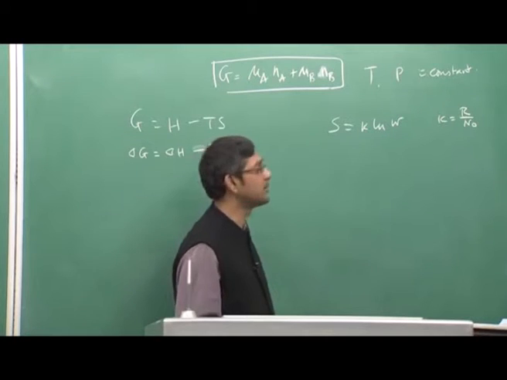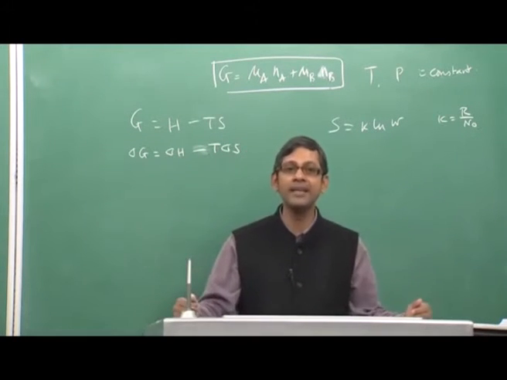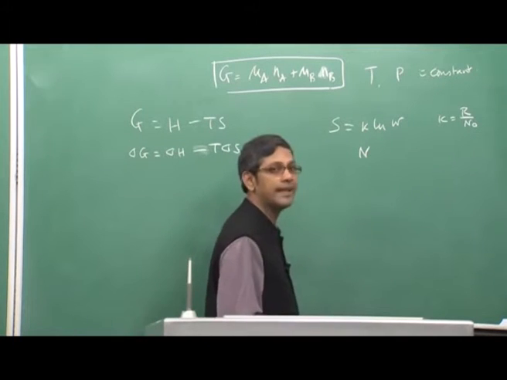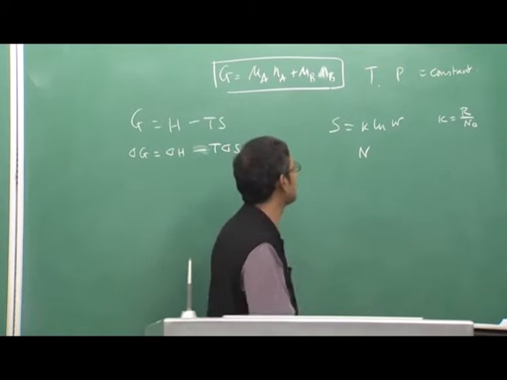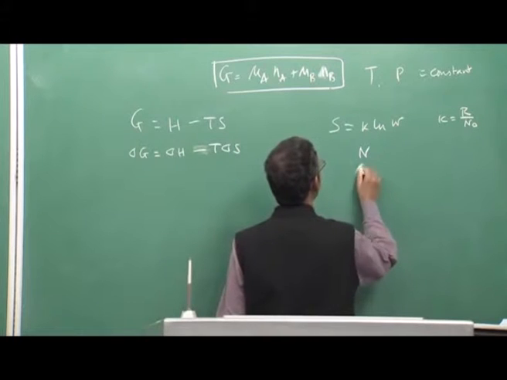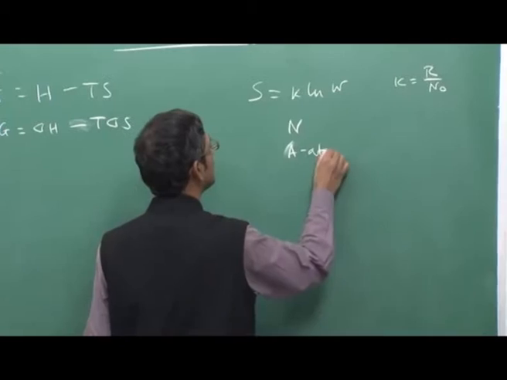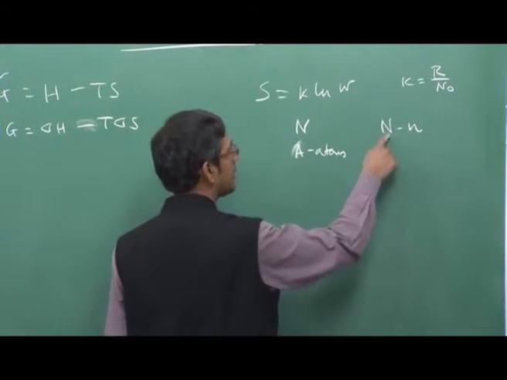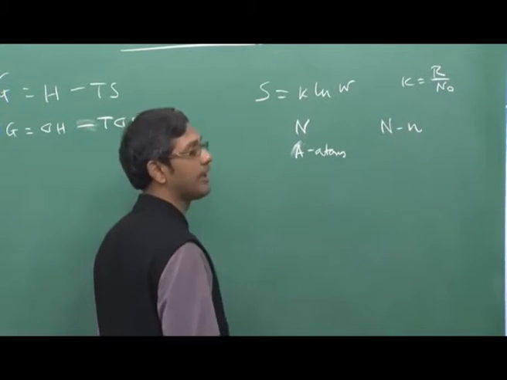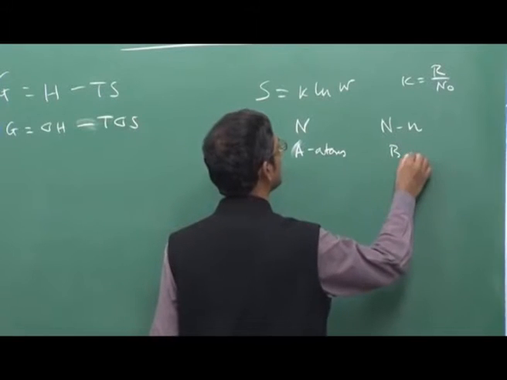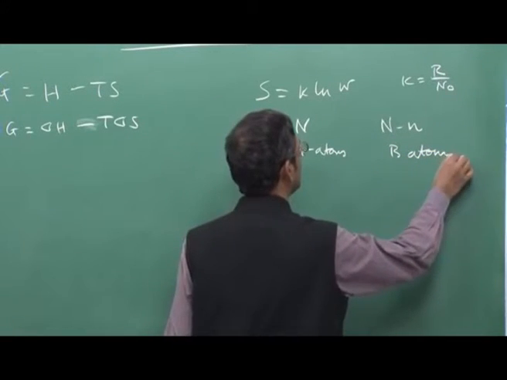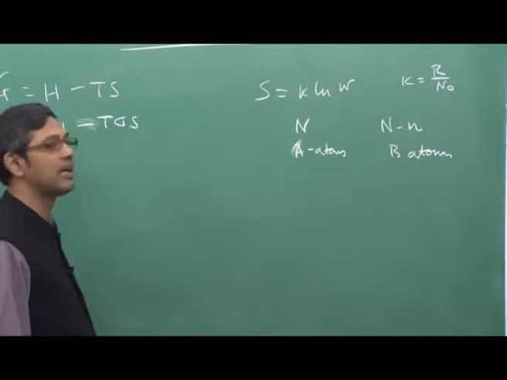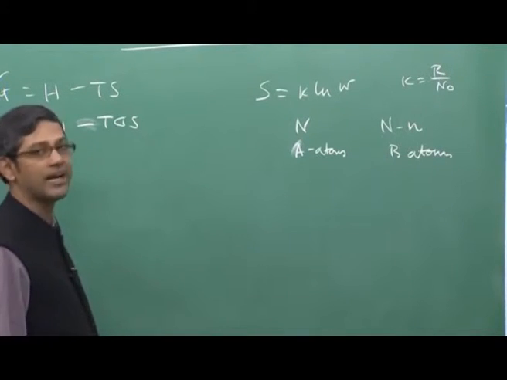Now suppose I have capital N number of A atoms, and n minus small n number of B atoms, and I want to arrange them in a lattice containing n sites.